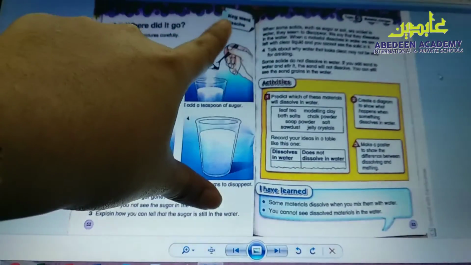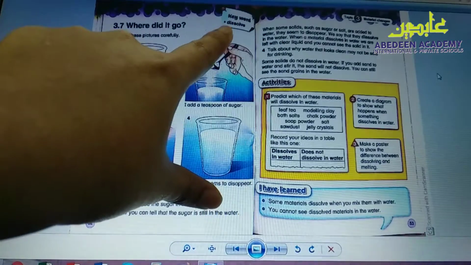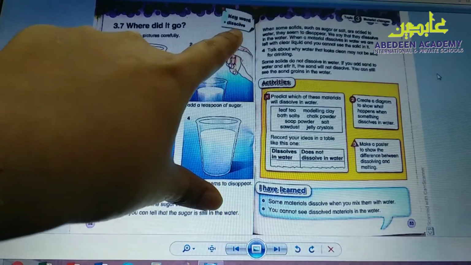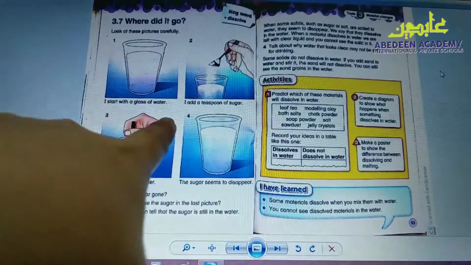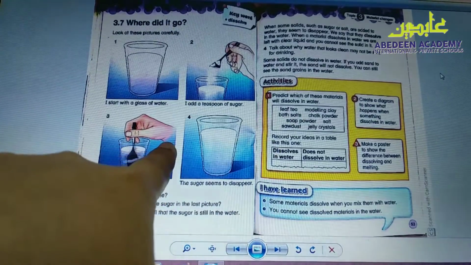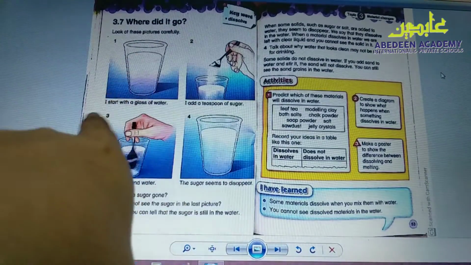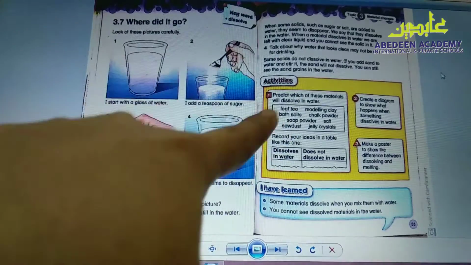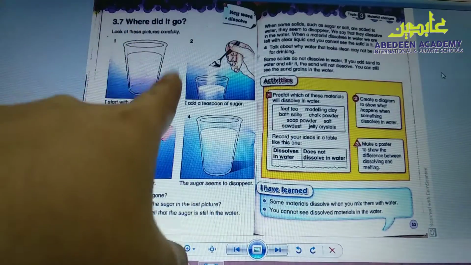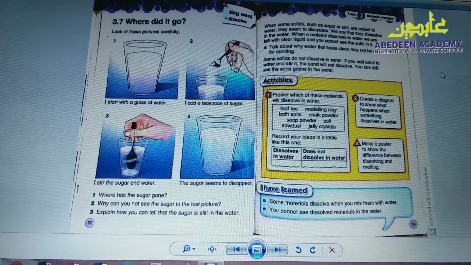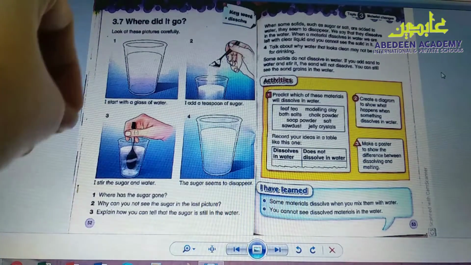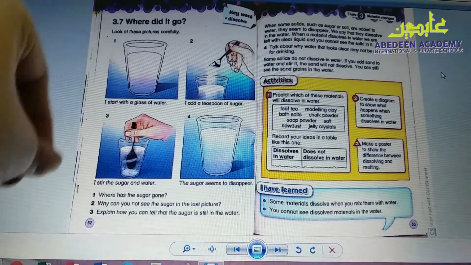D-I-S-S-O-L-V-E. Say it again. D-I-S-S-O-L-V-E. We call it dissolve. Dissolve means disappear. Dissolve only happens when you put materials in liquid solutions.